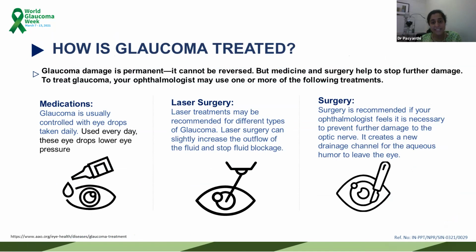Or there is also laser surgery, where in case the angle is narrow, this laser would help in preventing progression to a stage where they have permanent adhesions. And you can go for surgery when the pressure is not controlled by the medication alone.